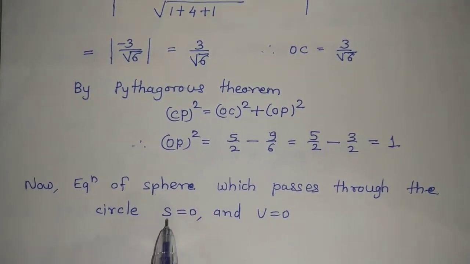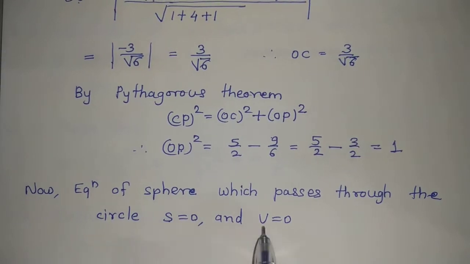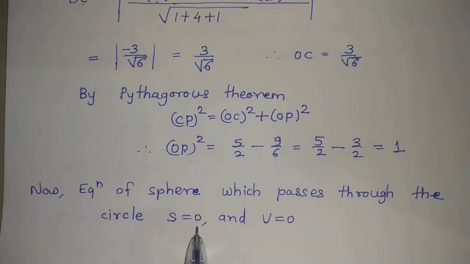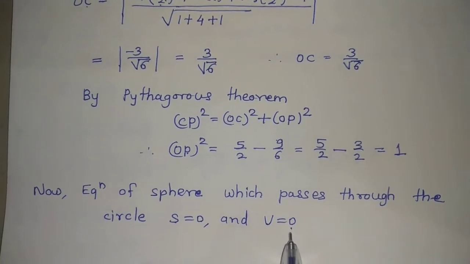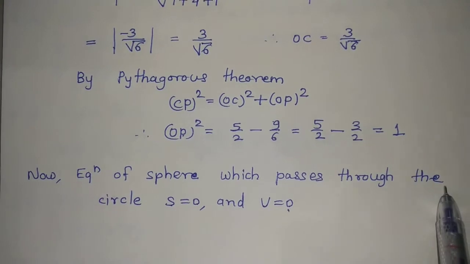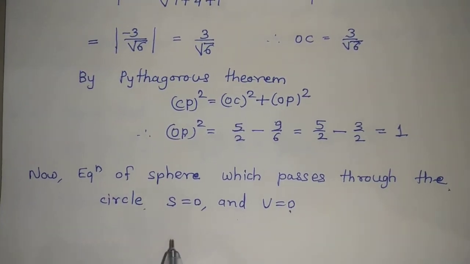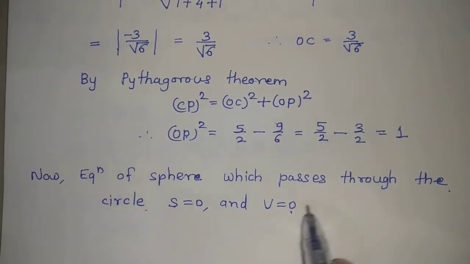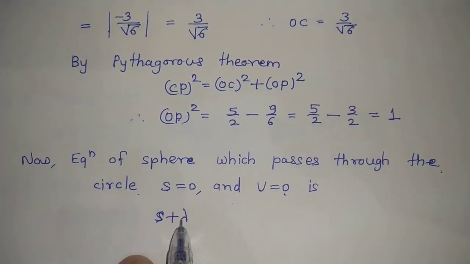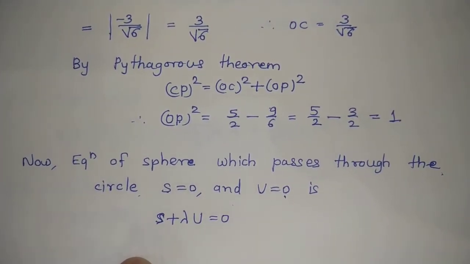Remember that S is equal to 0 is the equation of a sphere, and U is equal to 0 is the equation of a plane. So the equation of a sphere together with the equation of a plane produces a circle. Now the equation of the sphere which passes through the given circle is S plus lambda U is equal to 0.